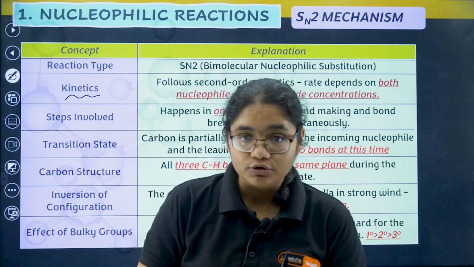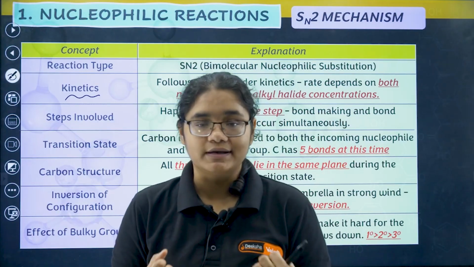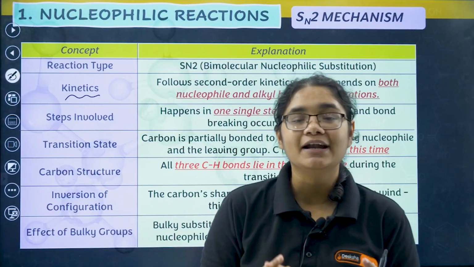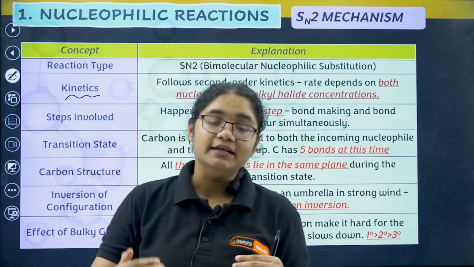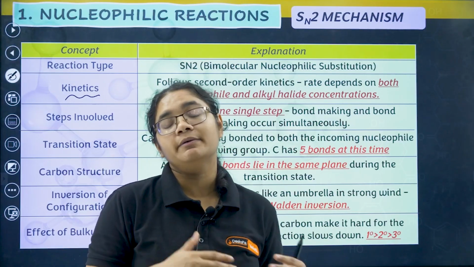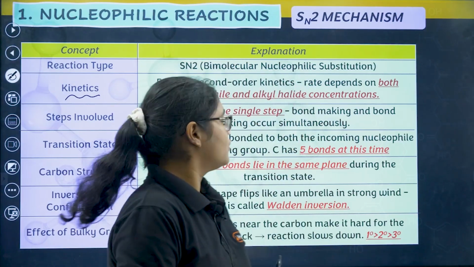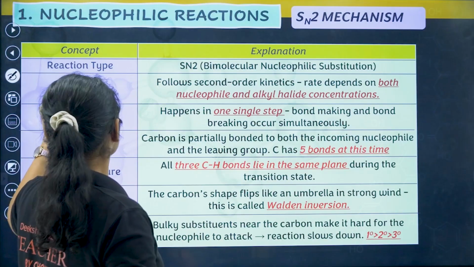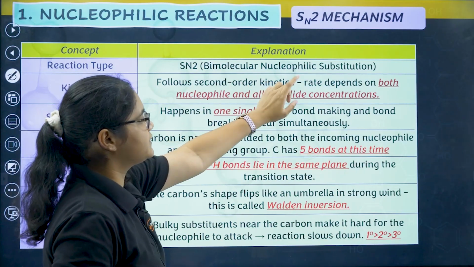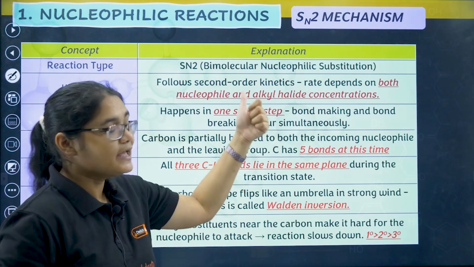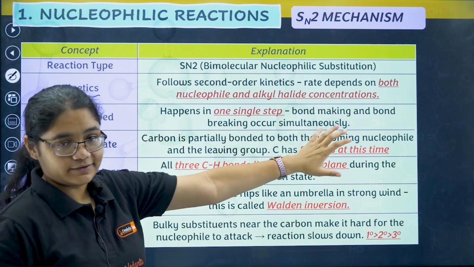Since it depends on both of them, it is a bimolecular reaction and we call it second order kinetics. When you study the chapter on chemical kinetics, this will be clearer to you. Kinetics follows second order because the rate depends on both the nucleophile and the alkyl halide concentrations.